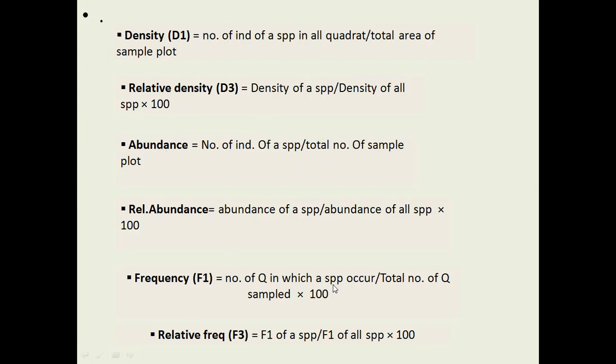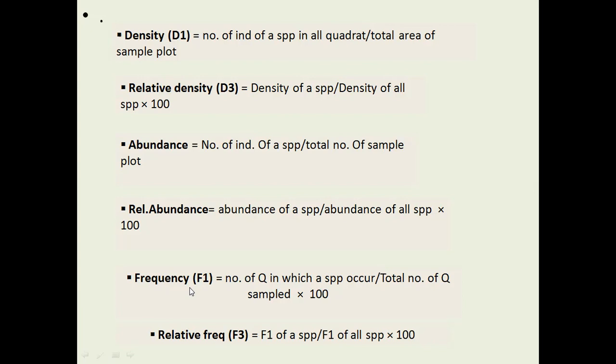And the frequency, that is F1. Number of quadrants in which a species occurs divided by total number of quadrant samples multiplied by 100. The frequency tells us about the presence of a species, like whether it is present in that quadrant or not. It means frequency is the number of times something happens.